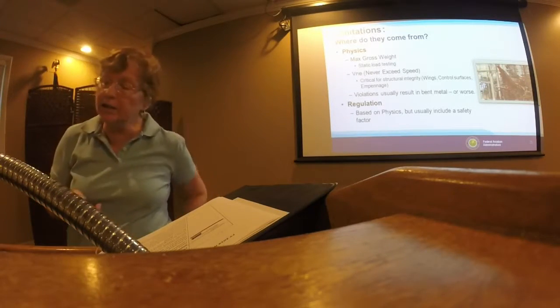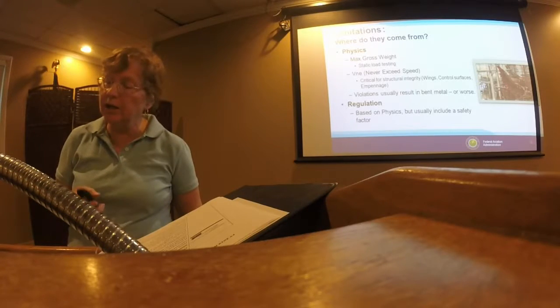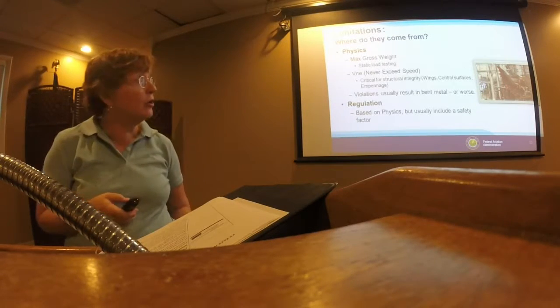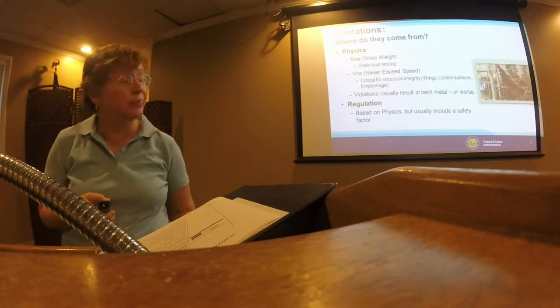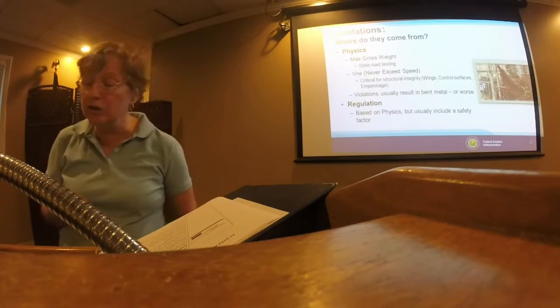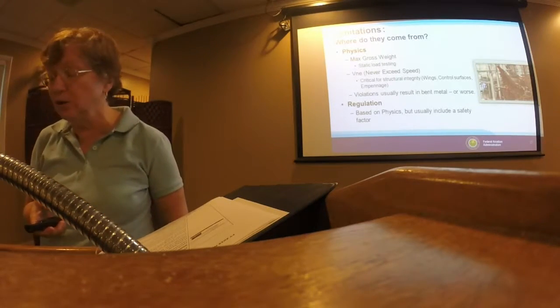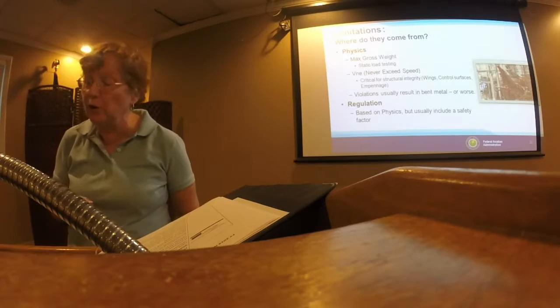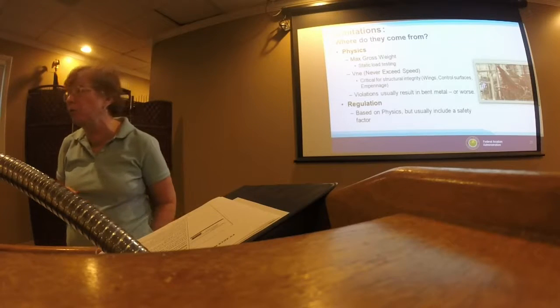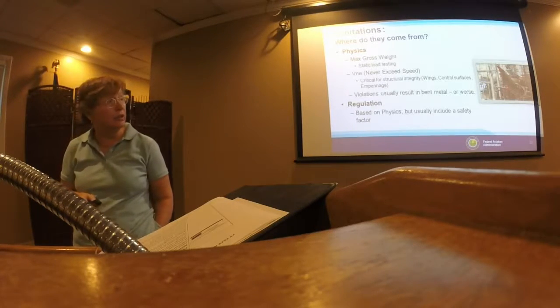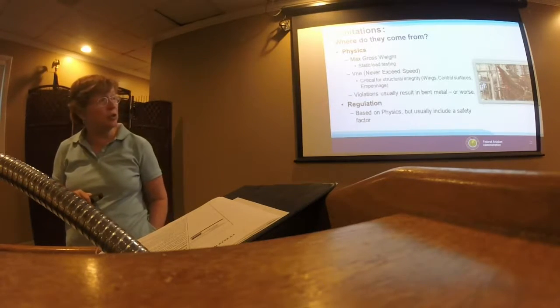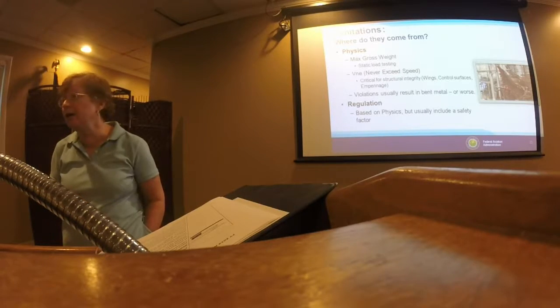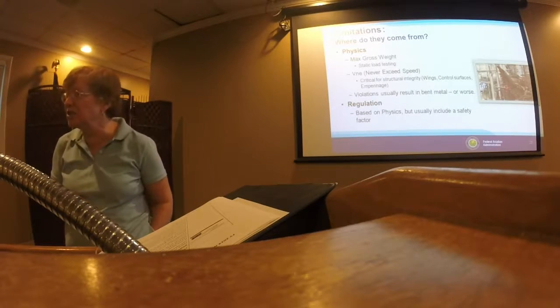So let's take a little bit of time and talk about aircraft limitations. Aircraft limitations do come from the physical laws. For example, certification testing involves loading an airframe to the point of structural failure. This happens to be a picture of the Airbus 380 wing being tested to failure.